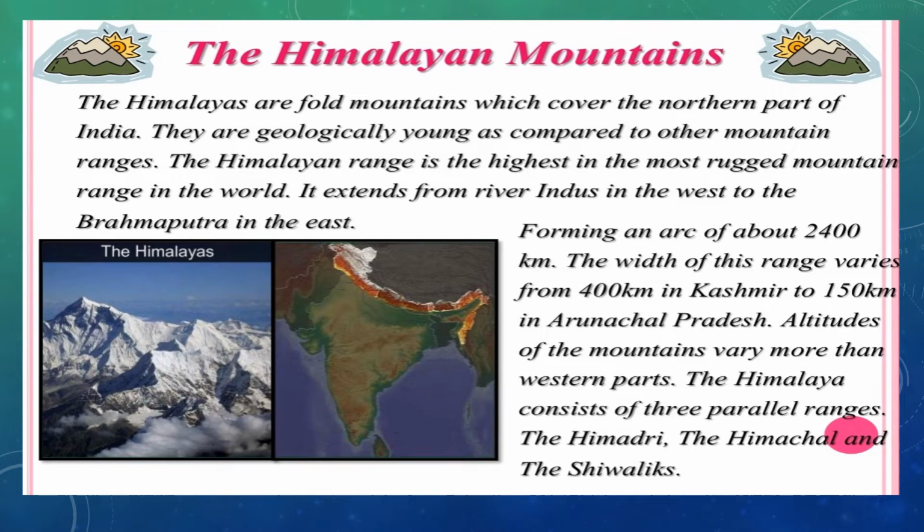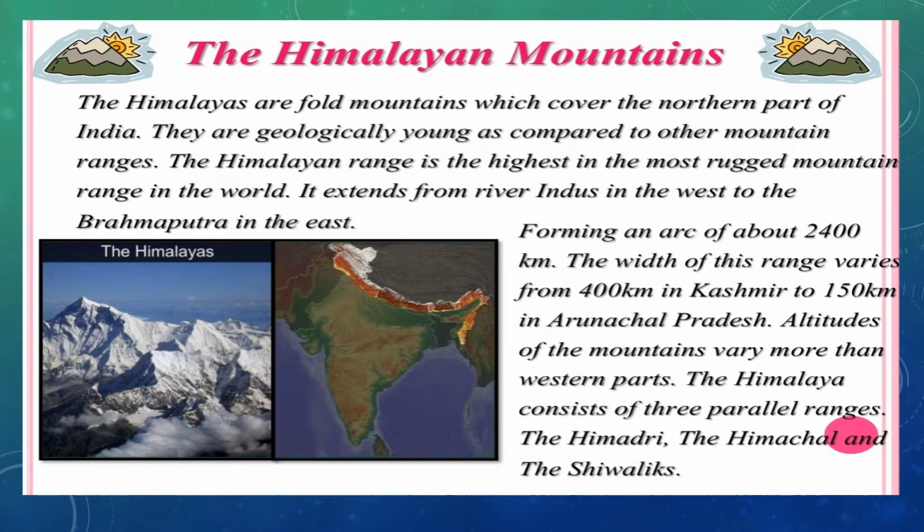The Himalayan range is the highest and the most rugged mountain range in the world. It extends from river Indus in the west to river Brahmaputra in the east.